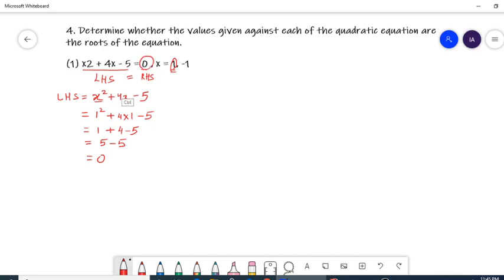So in that case, we can say that the left hand side is equal to the right hand side of the equation. Both are 0. So therefore, when it becomes equal, that is left hand side and right hand side, it means 1 is satisfying this equation.